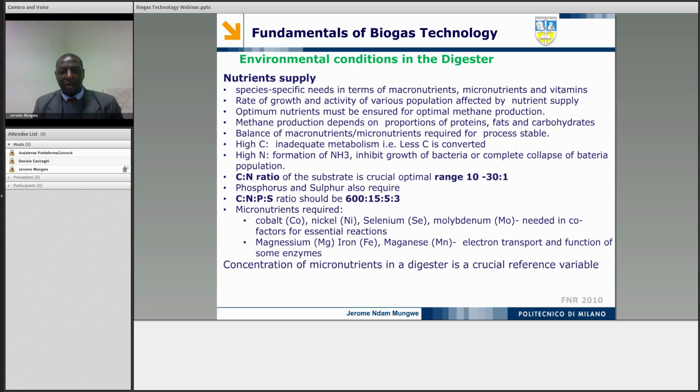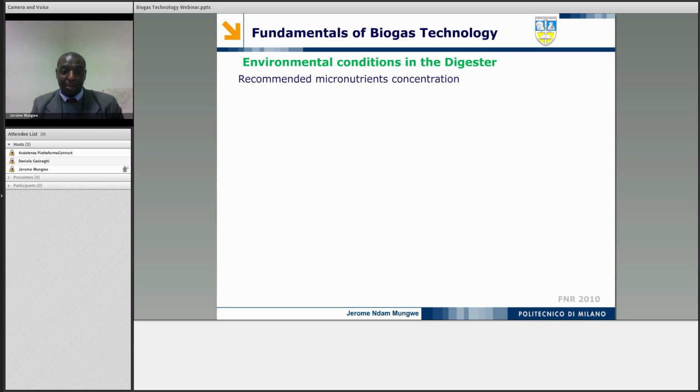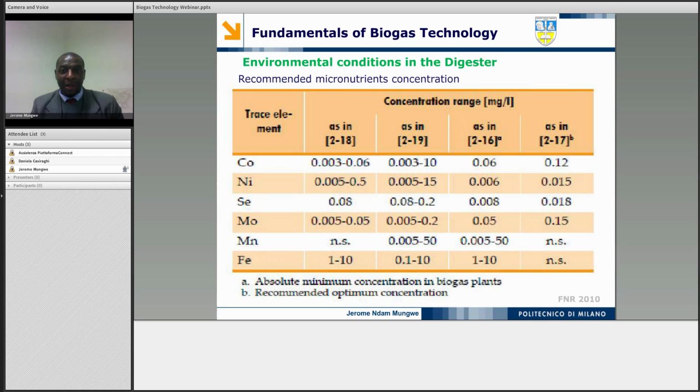The concentration of micronutrients in a digester is a very crucial parameter that needs to be monitored. The recommended concentrations are given in the table in front of us. For example, the recommended concentration of cobalt in your digester should be within 0.12 milligrams per liter.